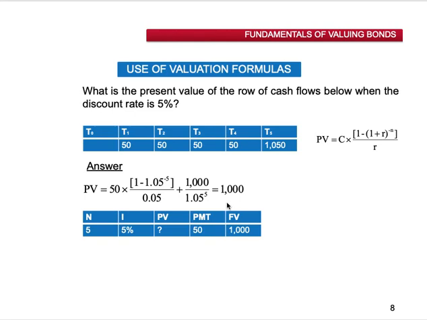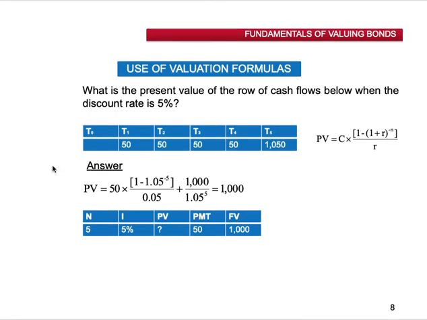I'm going to expect the company that issued the bond to pay me 50 at T1, 50 at T2, 3, 4, and 1050 at T5. Note that I, as the new owner of the bond, receiving all these cash flows in the next 5 years, will be giving me a return or yield per year of exactly 5%.